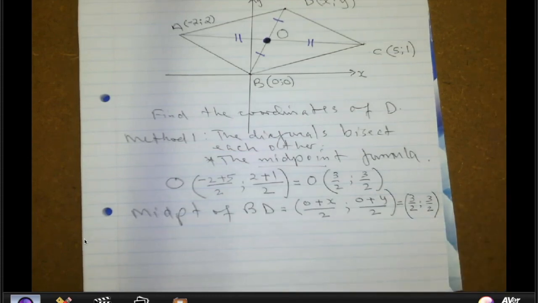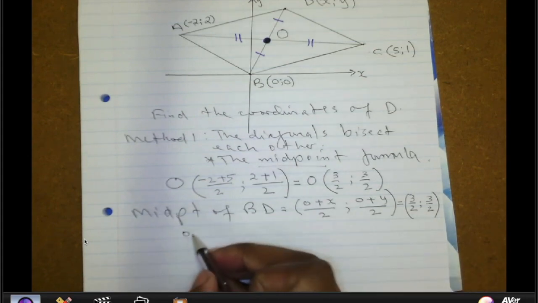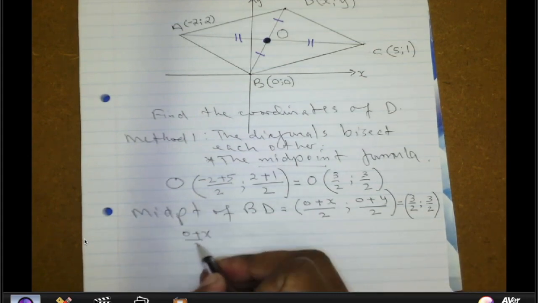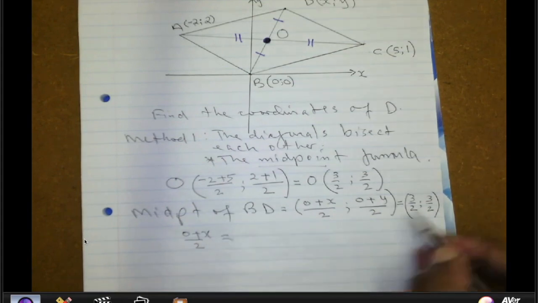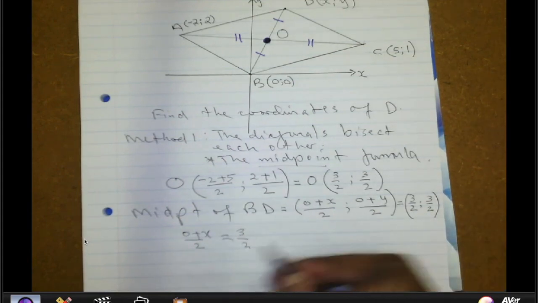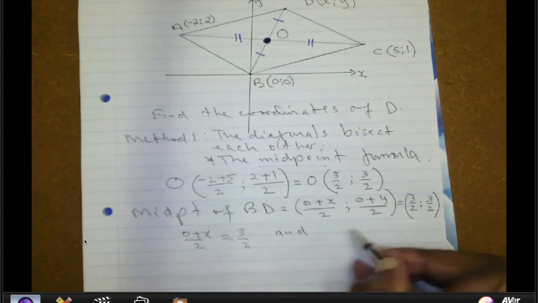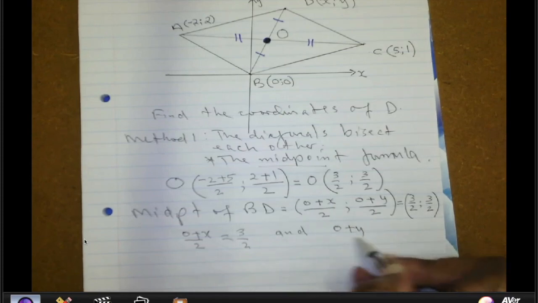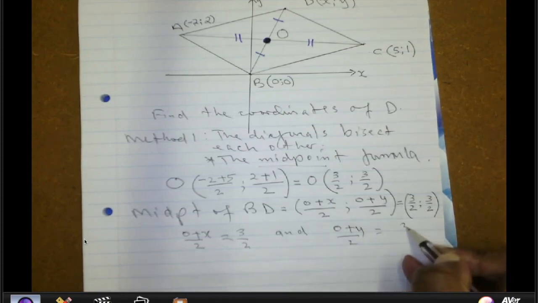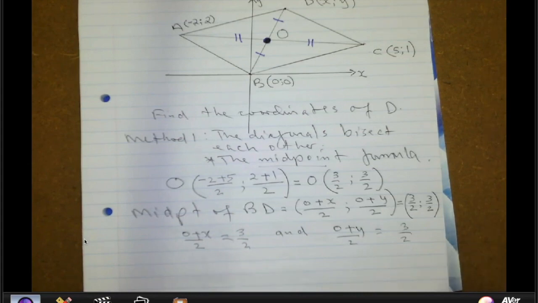So if you solve this separately, 0 plus x all over 2 should be equal to 3 over 2, and 0 plus y over 2 should be equal to 3 over 2. I'm just equating the x coordinates to each other and the y coordinates to each other.